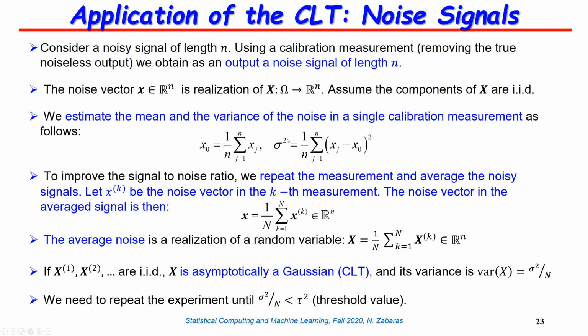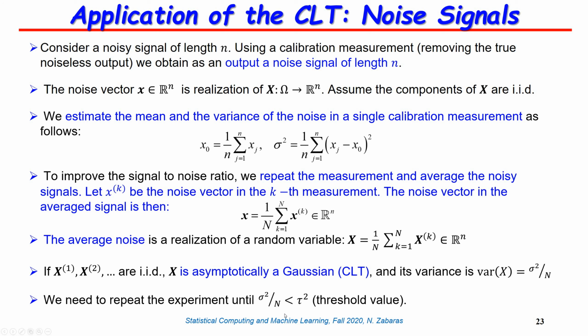And what variance does it have? It has the true variance, which we take to be sigma square, again from the calibration experiment, divided by n. So this averaged noise vector, or if you like, the noise vector that results from averaging my measurements, has a variance that is sigma square over n.